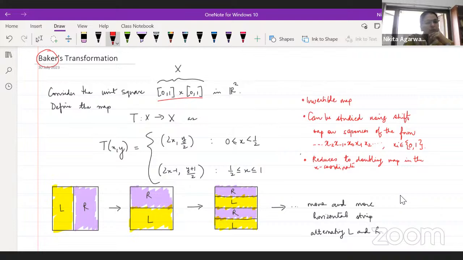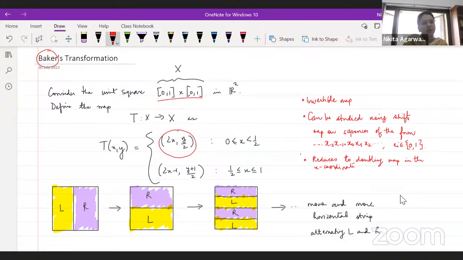So if you start with the square and you partition it into two equal pieces, left and right, this piece L gets compressed by half, and therefore it gets elongated by twice. So there's a scaling by 2 in the x direction, and a scaling by half in the y direction, and that is precisely this, right? Okay.